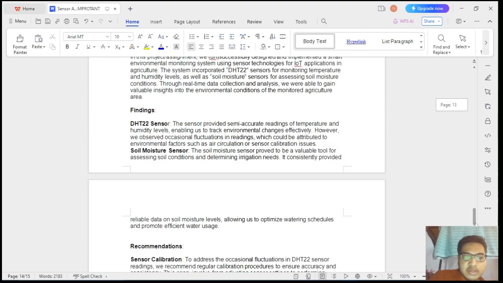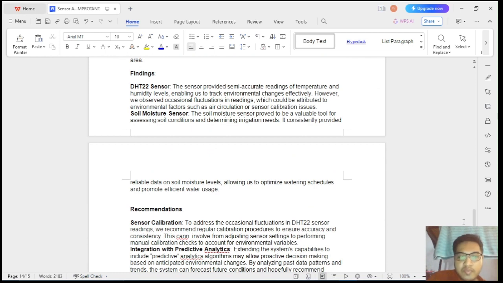This is my finding. The DHT sensor provided semi-accurate readings of temperature and humidity and allowed us to track environmental changes effectively. But I think that is because I bought a really cheap one, so I believe a better sensor can overcome that problem.